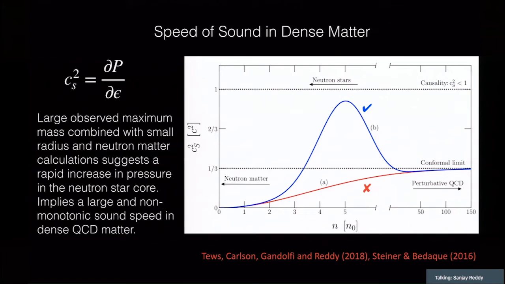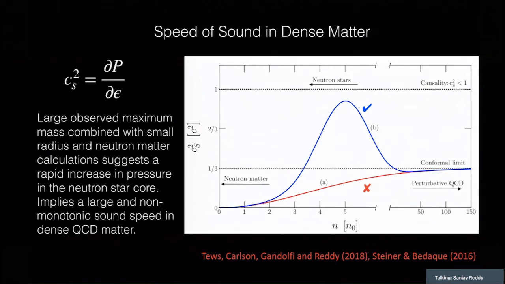It turns out that quarks have attractive interactions between them, and so the leading corrections to the speed of sound actually lower it compared to 1/3. So at very high density, the speed of sound is 1/3, and it decreases as you go from very high density down to more moderate densities. And in neutron matter, the speed of sound is increasing.